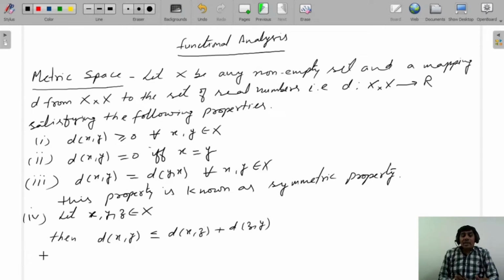This property is known as the triangular inequality.